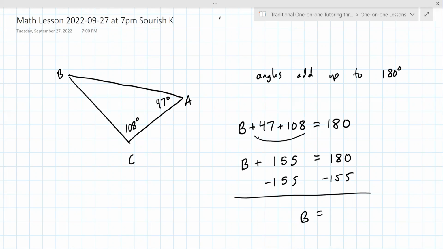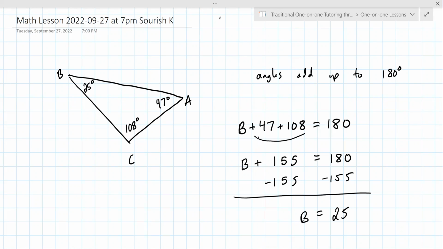I think I remember how to do this. 180 minus 155. 25. Good. So we're going to label the third angle in the triangle 25 degrees.